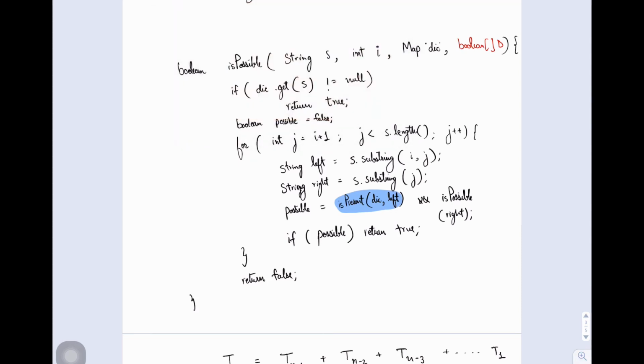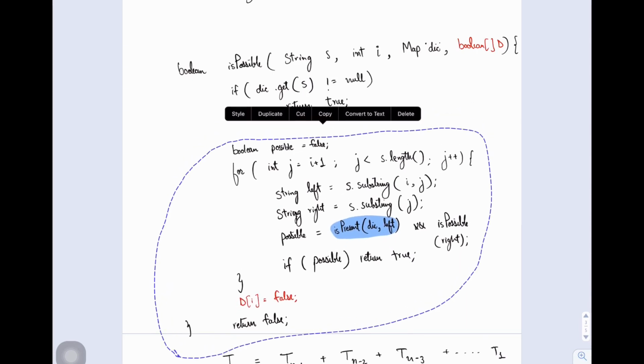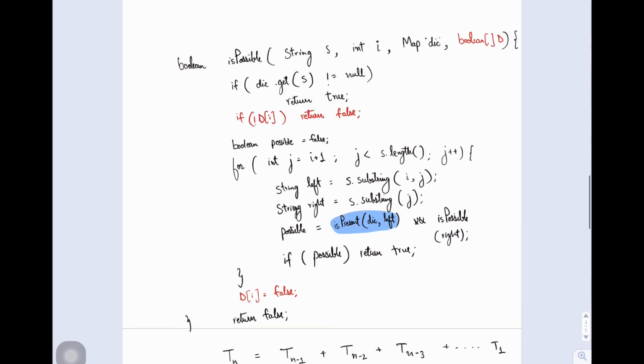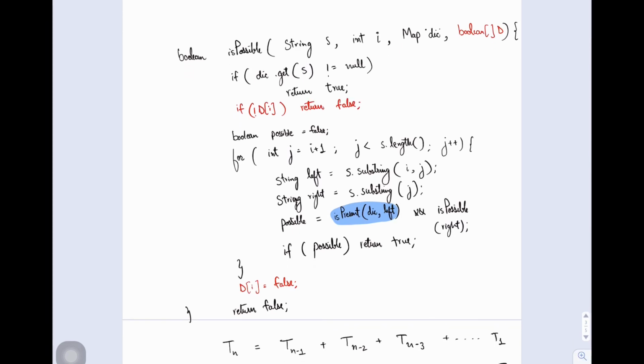So here we can put dp of I as false, and here we can check if dp of I is false, return false. This is assuming that this is initialized as true for all indexes.